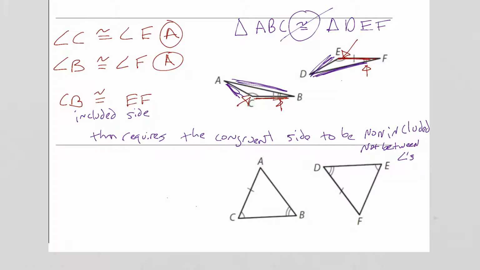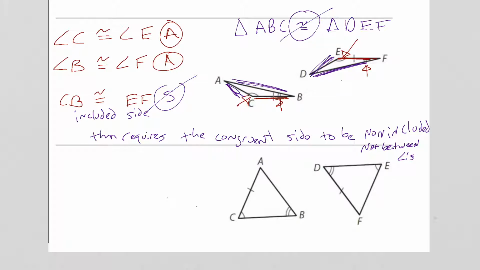It's because those sides in red, CB and EF, are between the two angles. And your theorem requires that they not be between the two angles, or be non-included. So that's why these two triangles aren't congruent. The theorem conditions are not met, right? The side condition is not met.